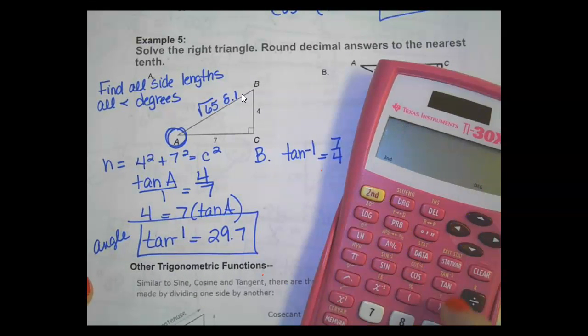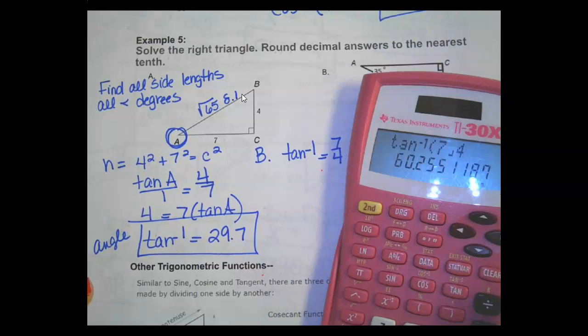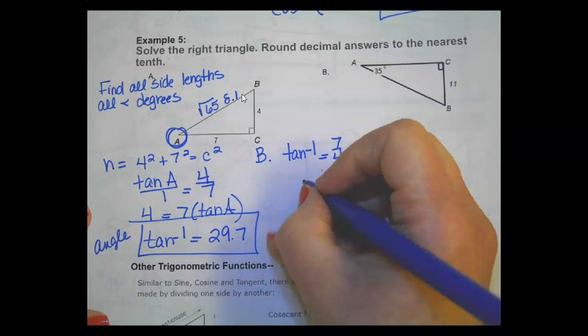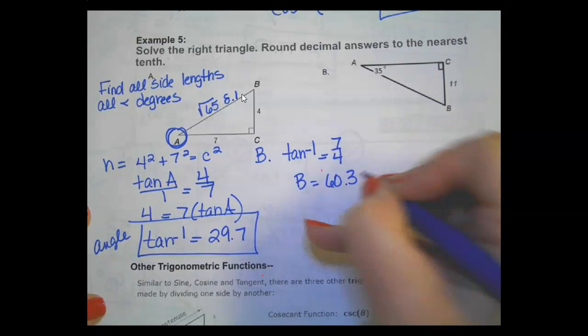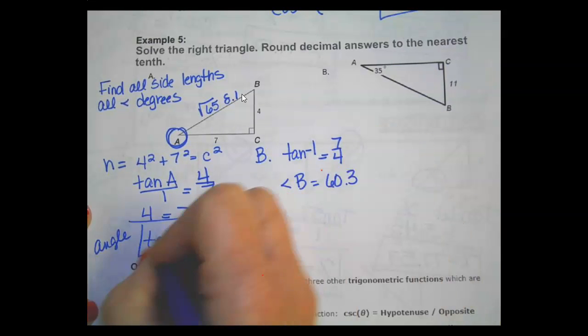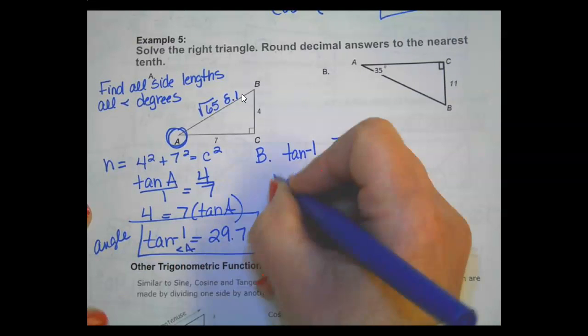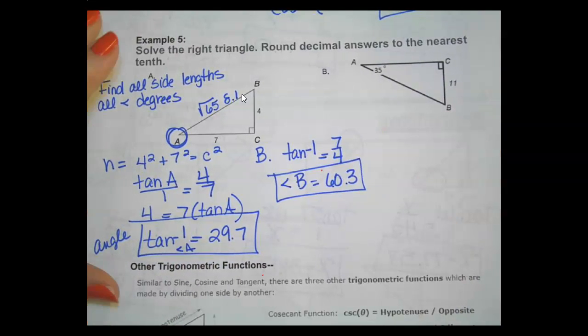Tangent inverse, and then 7 over 4, and that degrees is 60.3. I almost made that harder than it should have been.